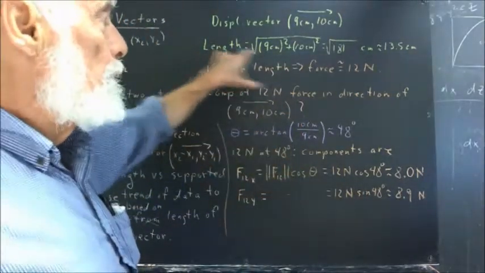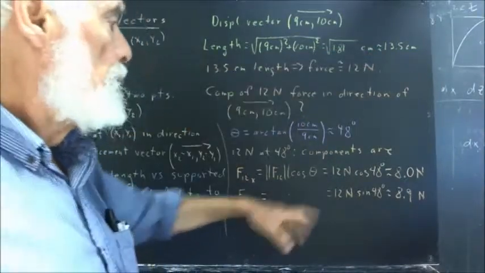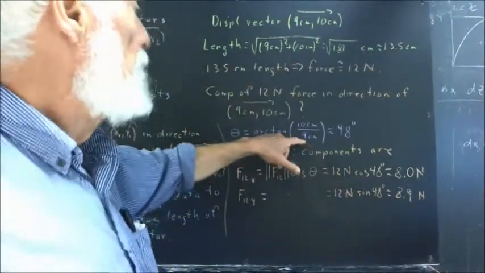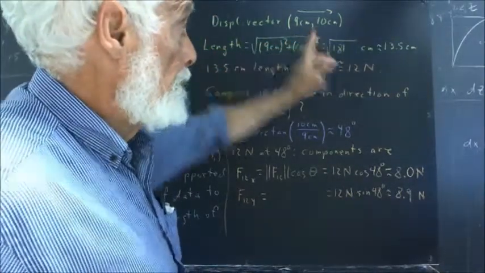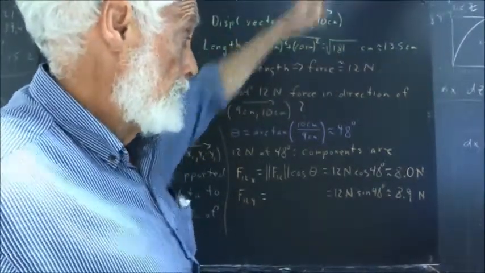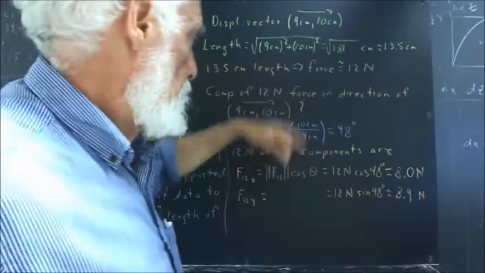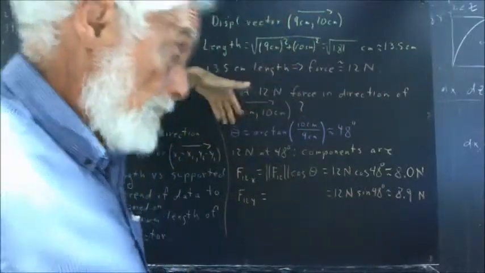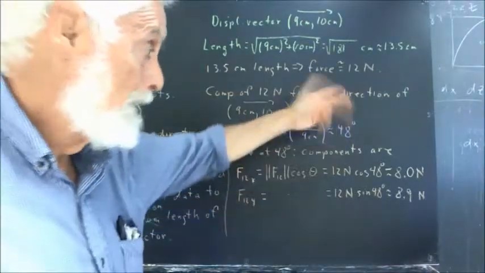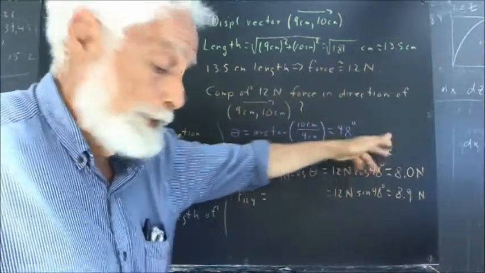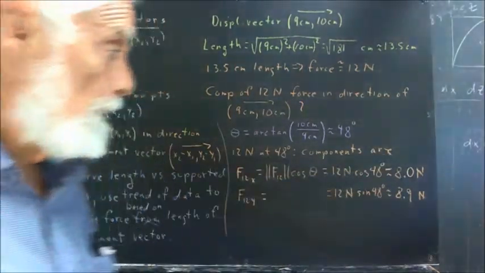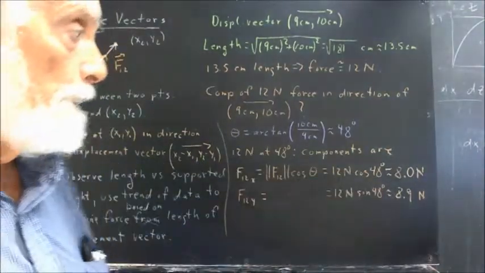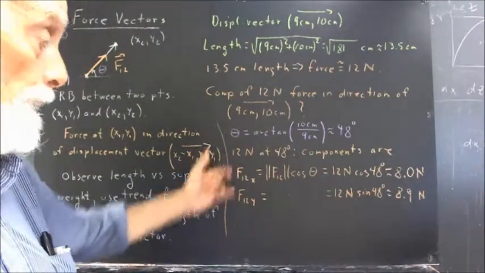The magnitude of this triangle is 13.5, so the cosine of the angle will be the 9 centimeter x component divided by the 13.5 centimeters. The y component will be 10 centimeters divided by 13.5 centimeters, and then multiply those ratios by 12 newtons. We can do the approximation with a little bit of mental arithmetic, but it could be off. Okay, so to two significant figures, those are the components of the forces.